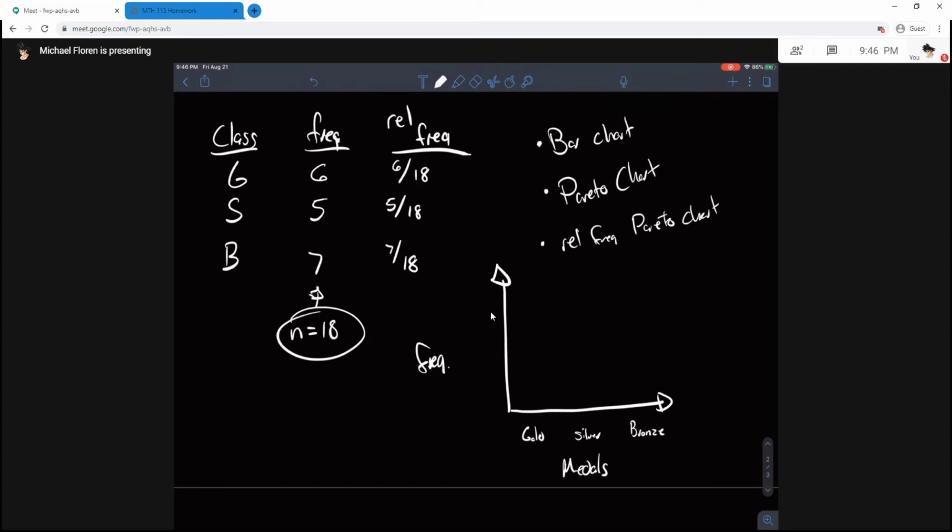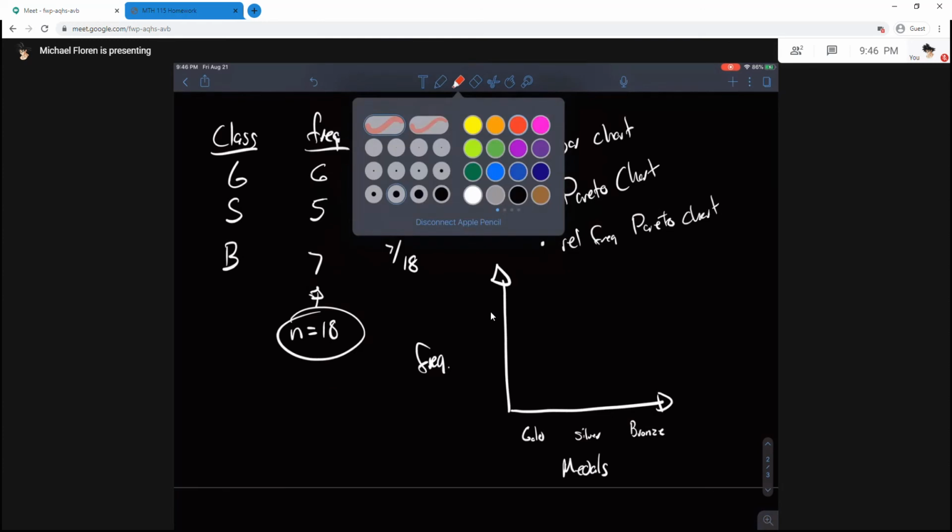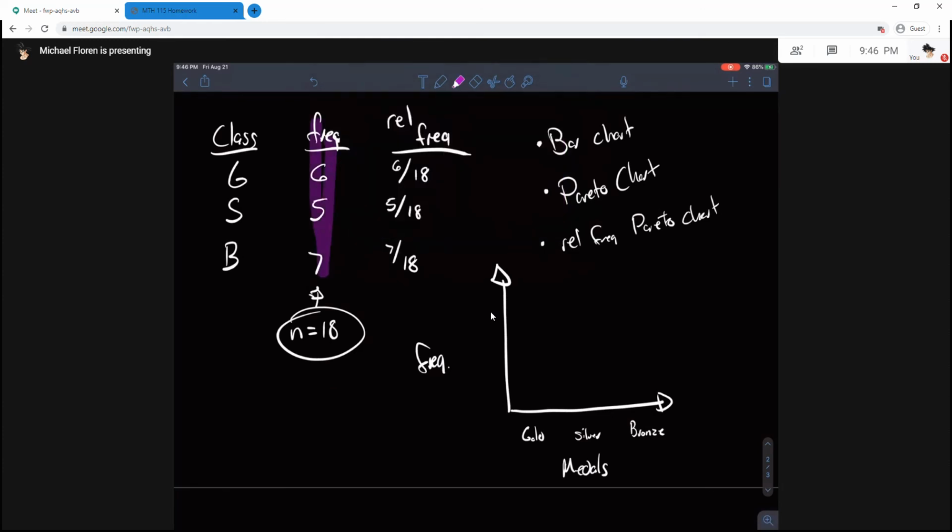Now for my frequencies, I'm looking at the column here, looking at, okay, 5, 6, and 7. So it's definitely going to be bigger than 0, but I can still include 0. So I'll probably just do 0 and count up to it. So 1, 2, 3, 4, 5, 6, 7. So there's 0 and there's 7. And we'll just count up by ones.